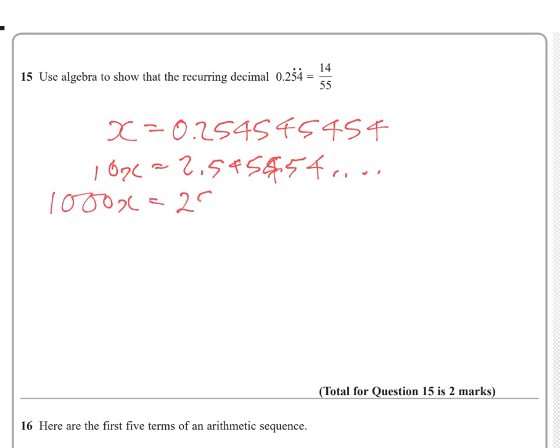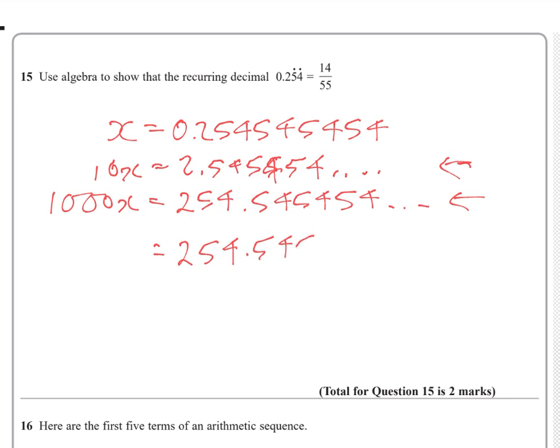1000x is 254.5454. Why have we gone to all that work? Well, now when we subtract, the decimals go away, which is what we want to do to get a fraction. So we're now going to subtract this one from this one. So we get 254.5454, etc. minus 2.5454, etc. gives me 252 exactly.